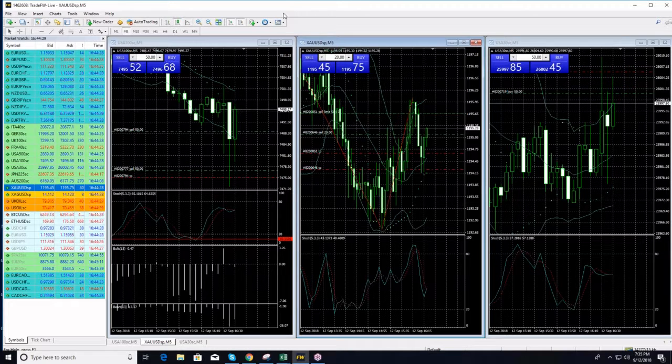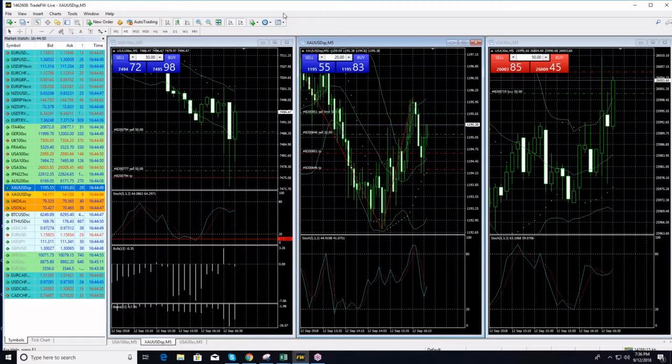However, we will get there. We have positions open on USA 100, on USA 30, and on gold, and on DAX. The only one which is giving us a nice smile currently is USA 30.